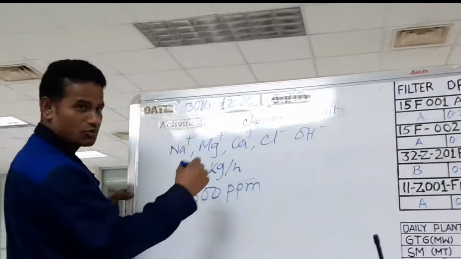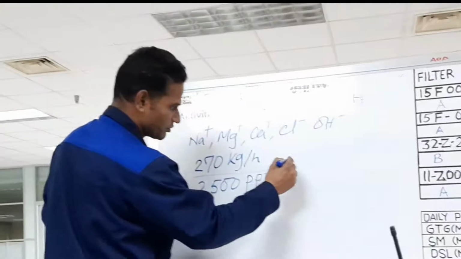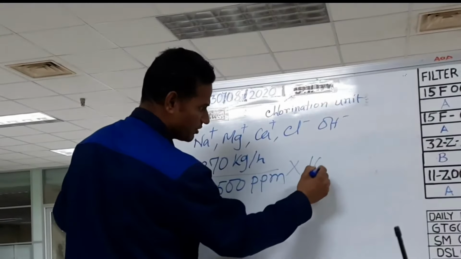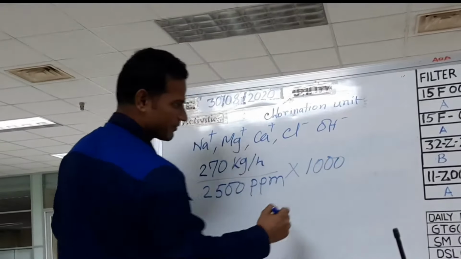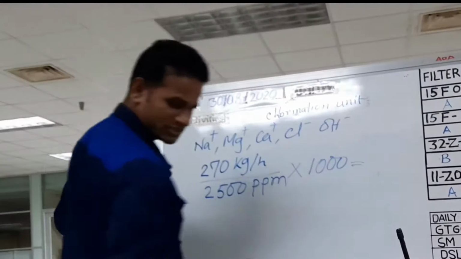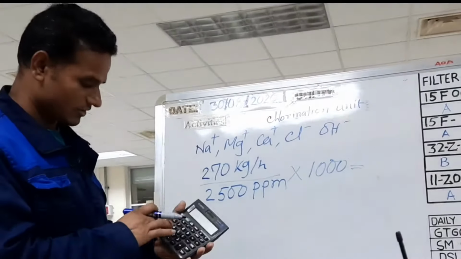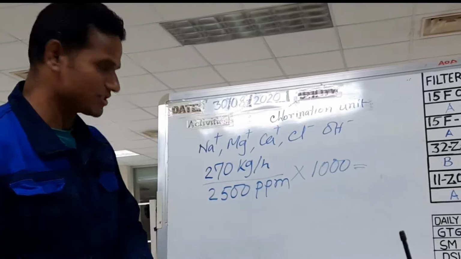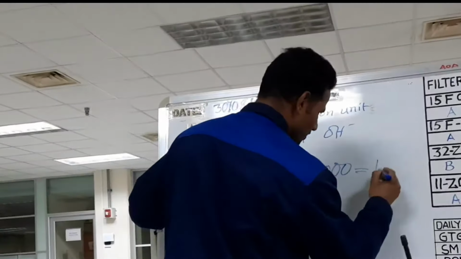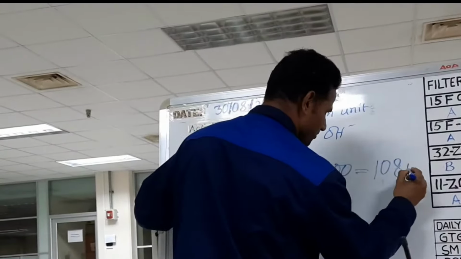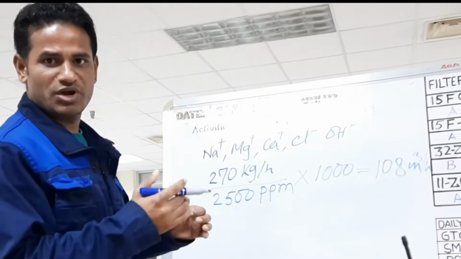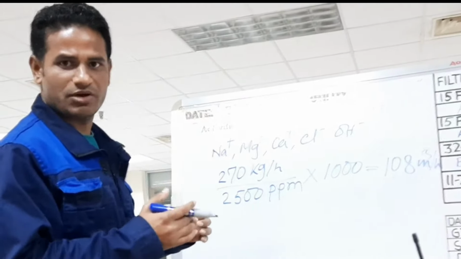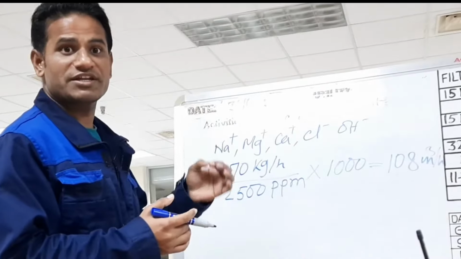This is in kg, so we will convert it to meter cube, multiplying by 1000. So how much is it coming to? 108 meter cube per hour. Clear, Kamal? So for producing 270 kg chlorine per hour, we are using 108 meter cube seawater per hour.